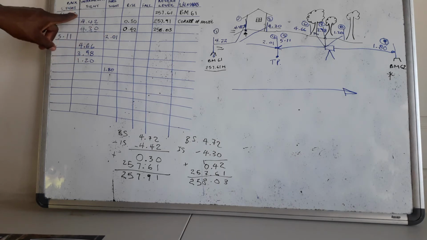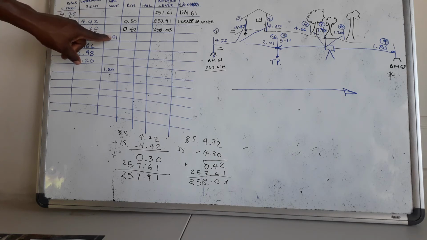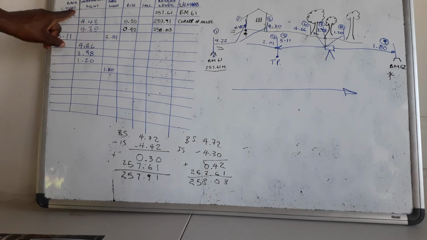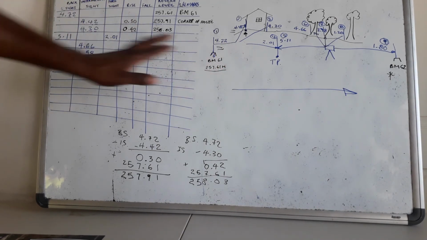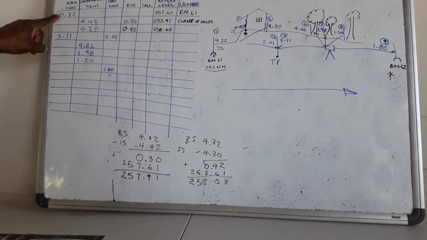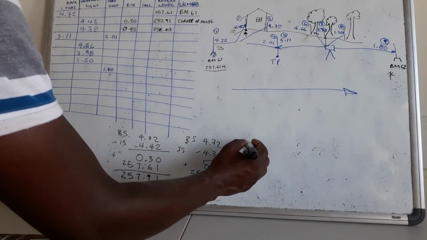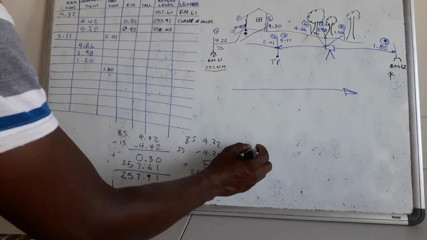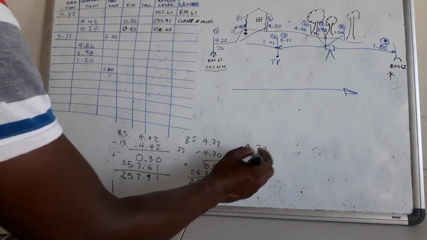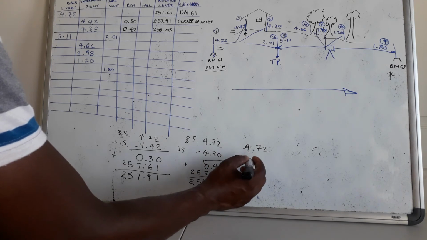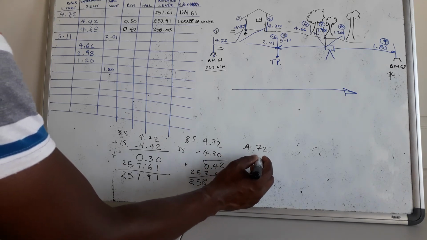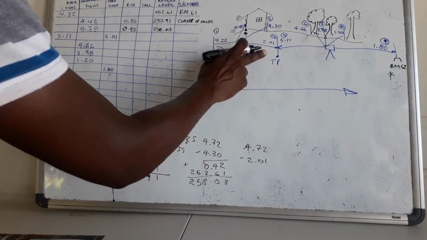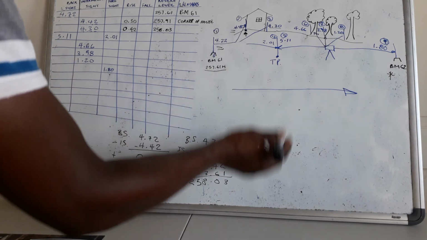Now then, as we move on, we will also do likewise based on our formula, as we have seen in our first example: backsight minus foresight in this case here now, right? Because our last backsight reading, because we haven't moved the instrument as yet, would have been 4.72. So 4.72, and then we are going to take away 2.01, which is now the foresight reading here because we are about to move from that setup.